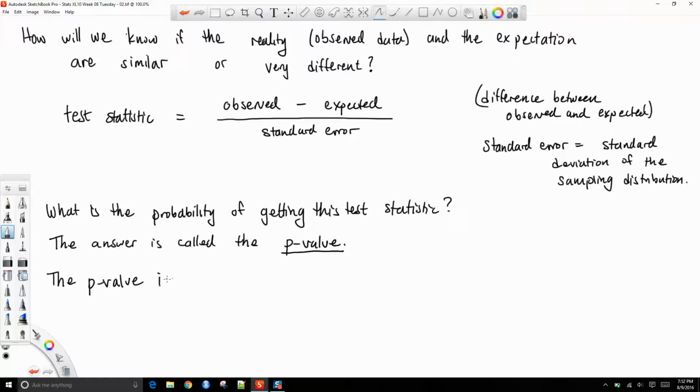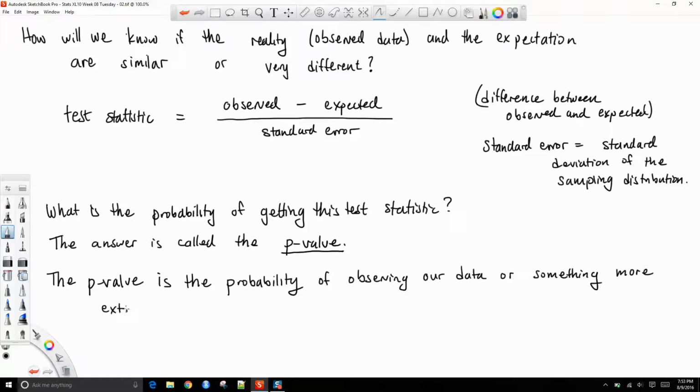The p-value is the probability of observing our data or something more extreme if we assume that the null hypothesis is true.